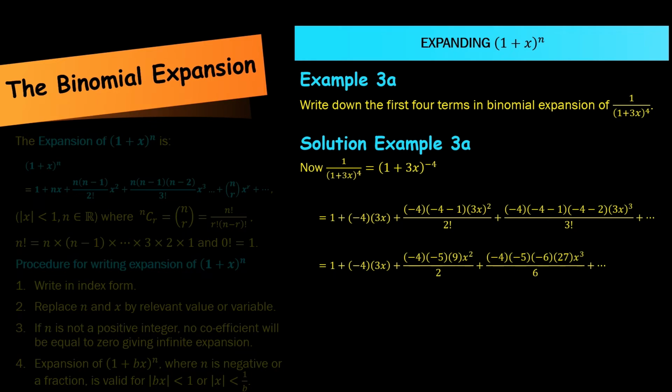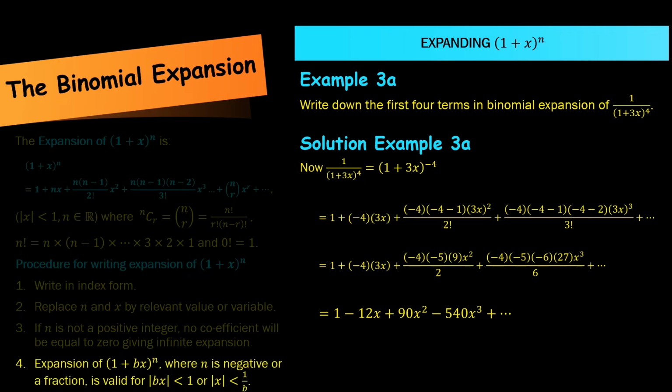So now we can tidy up. And tidying up some more gives us the first 4 terms in the binomial expansion of 1 over 1 plus 3x to the power 4.